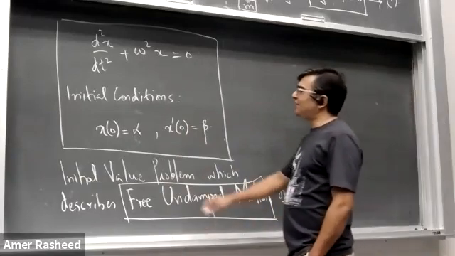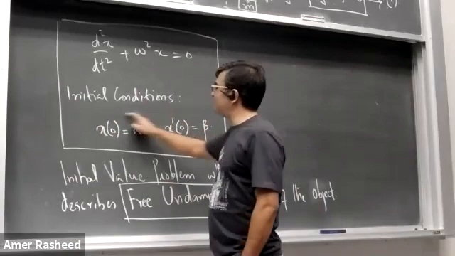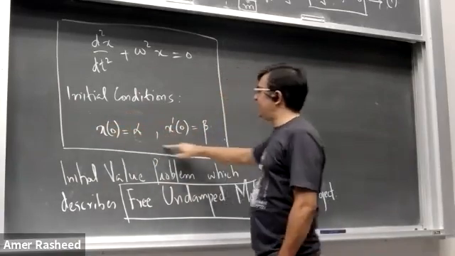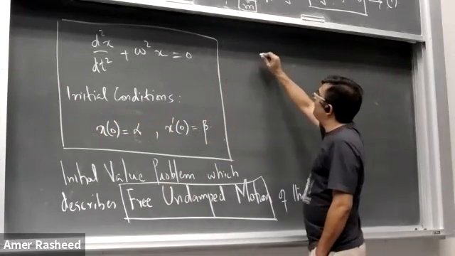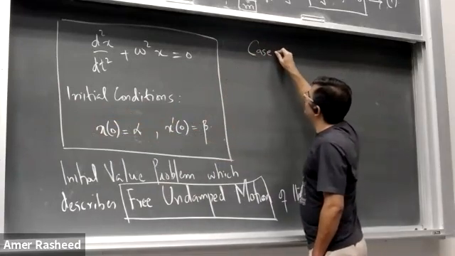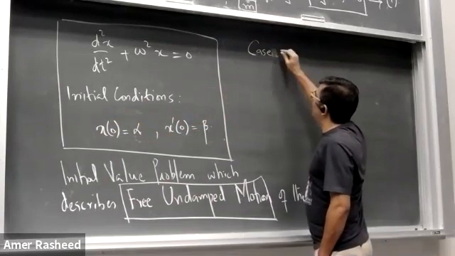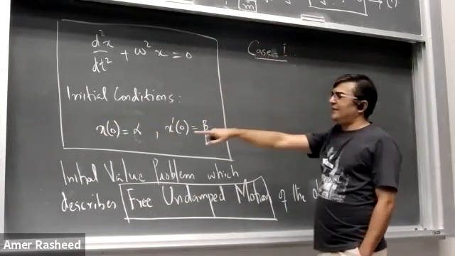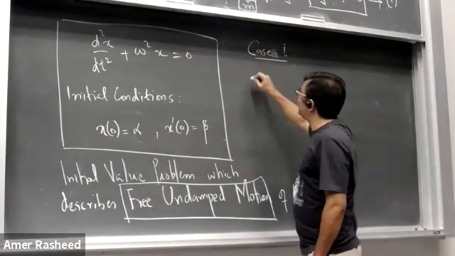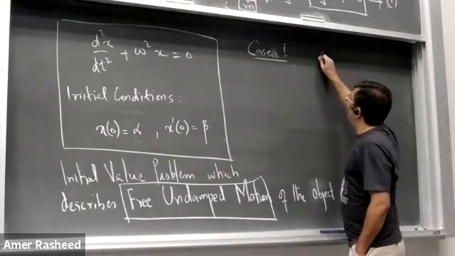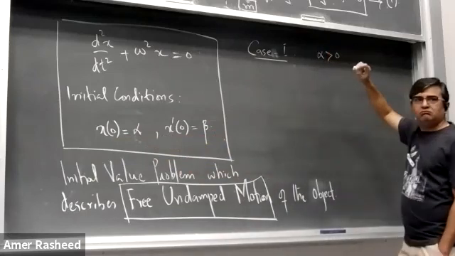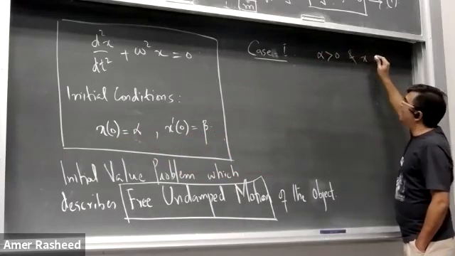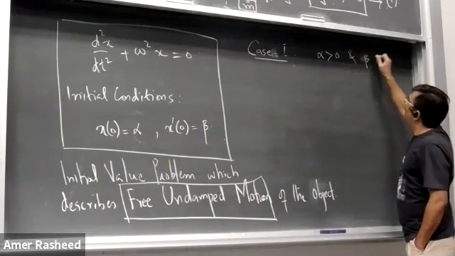Now, there are certain restrictions. There are certain cases which we have for these initial conditions. Let me discuss case one. Whenever x of 0 is alpha, and alpha is greater than 0 and x dash, which means beta, is less than 0.